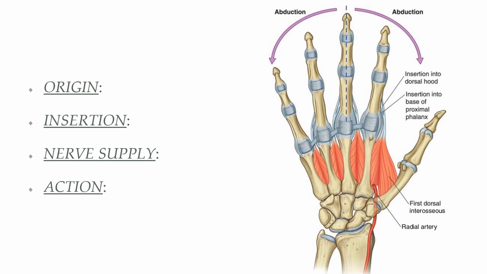They are responsible for abduction of digits, and because few of their fibers merge with the dorsal digital expansion, they are also responsible for flexion at the metacarpophalangeal joint and extension at the interphalangeal joint. The next muscle in the group is lumbrical.